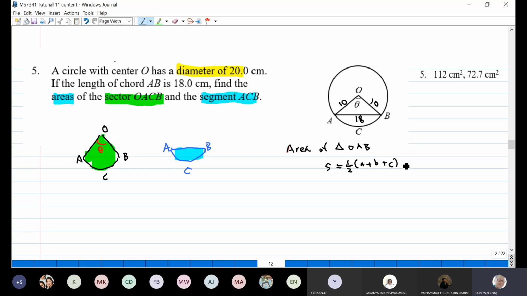So this is half of 10 plus 10 plus 18. Add the three sides together, divide by 2, and you get 19.